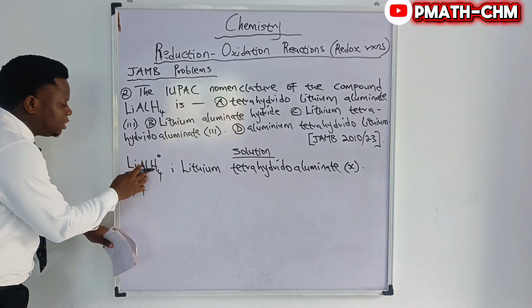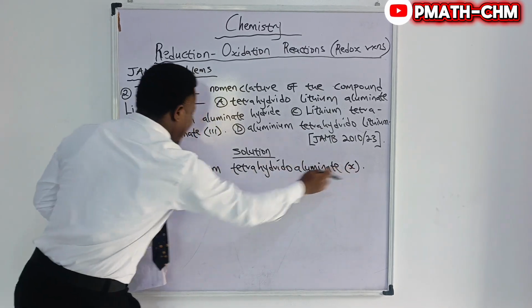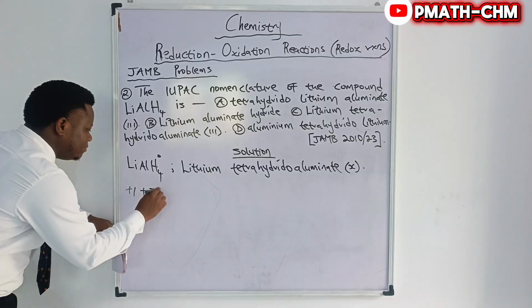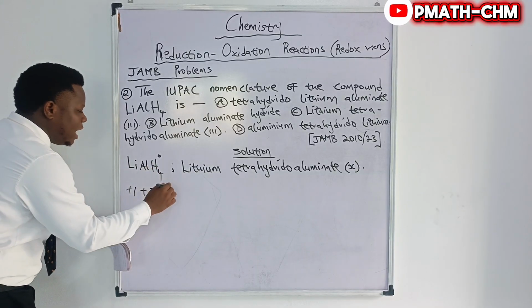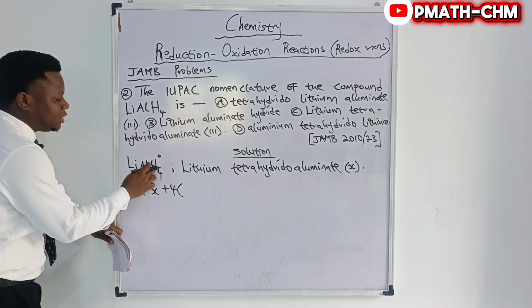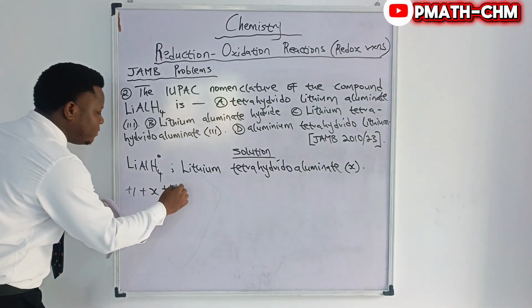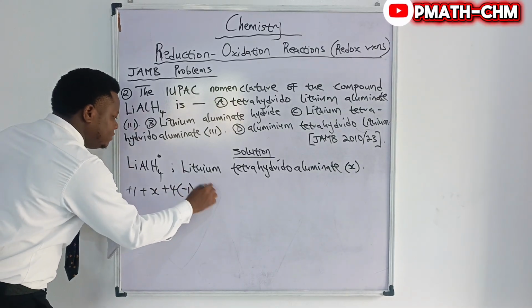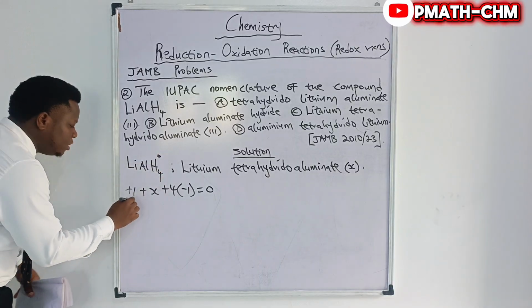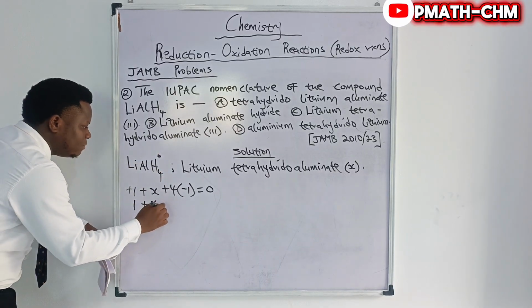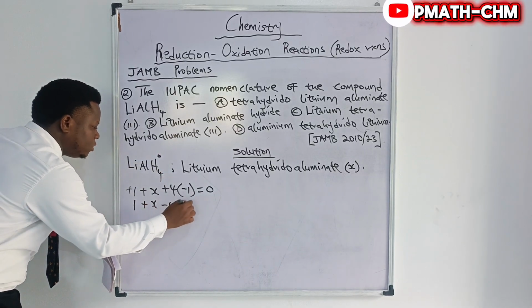Added to the oxidation state of aluminium, which I've taken here to be X. Aluminate X. Added to, this is 4 hydrogen, so you write 4 times the oxidation state of hydrogen, which here is not +1, rather it is -1. I've explained why. And the result gives you 0. So this will be 1 plus X minus 4 equal to 0.